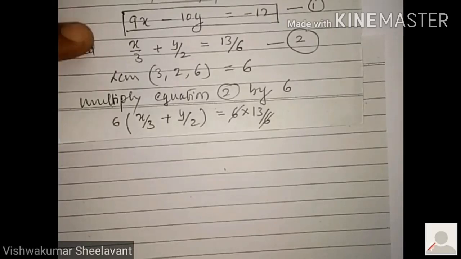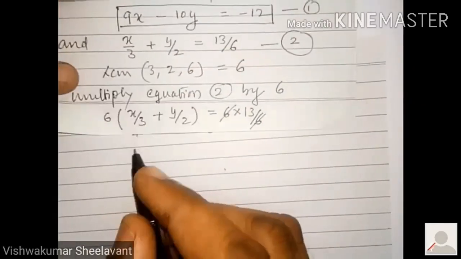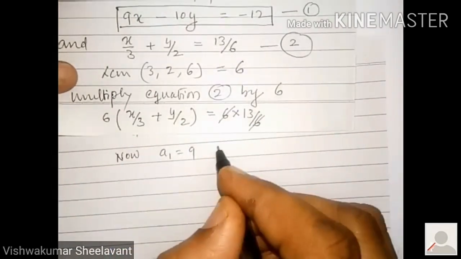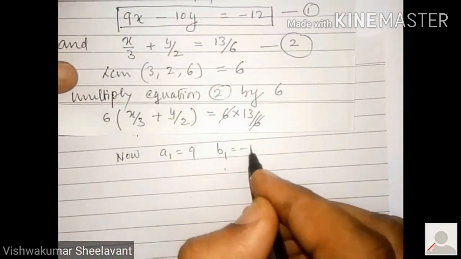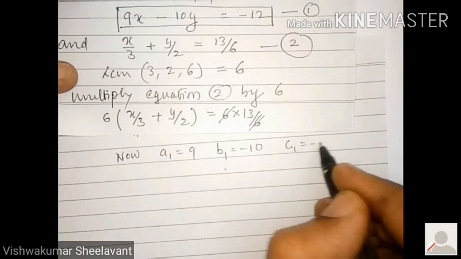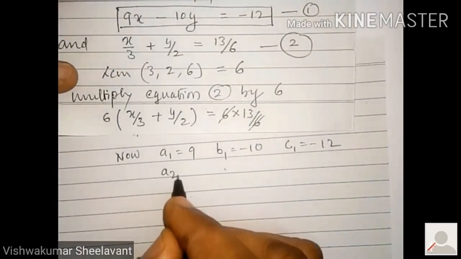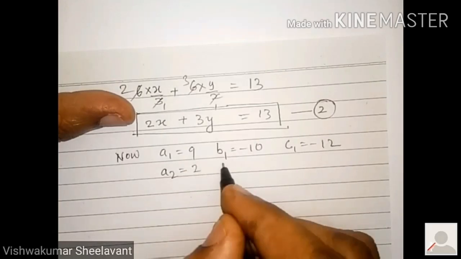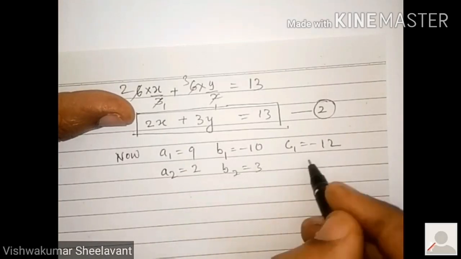Now from equation 1, a1 equal to 9, b1 equal to minus 10, c1 equal to minus 12. From equation 2, a2 is equal to 2, b2 is equal to 3.